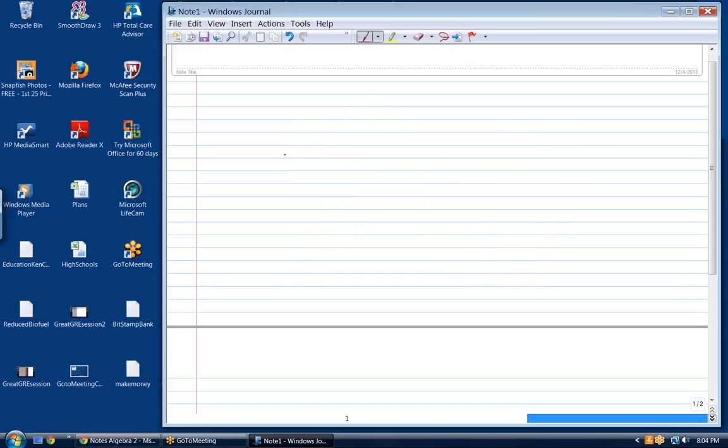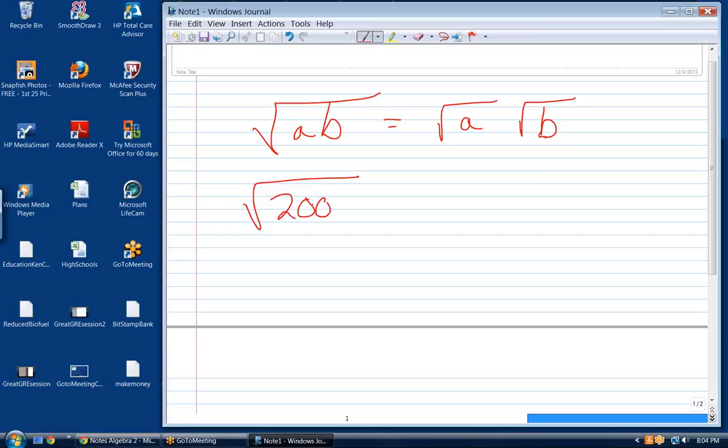Important stuff about rational functions. Here's one of the most important ones. In other words, if I have a number like the square root of 200, in order to simplify it, I can make it the square root of 100 times the square root of 2.